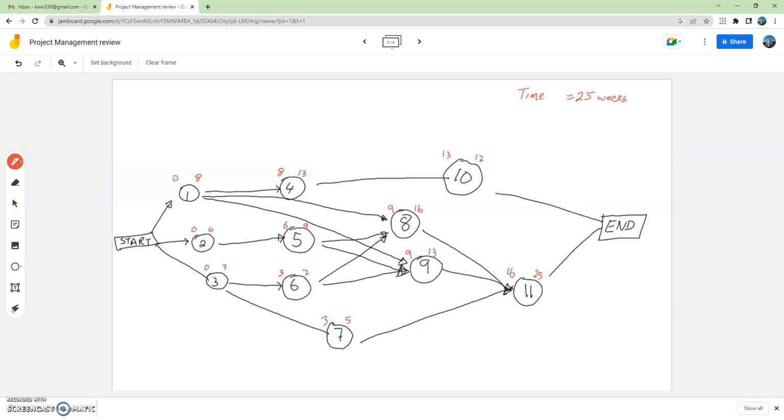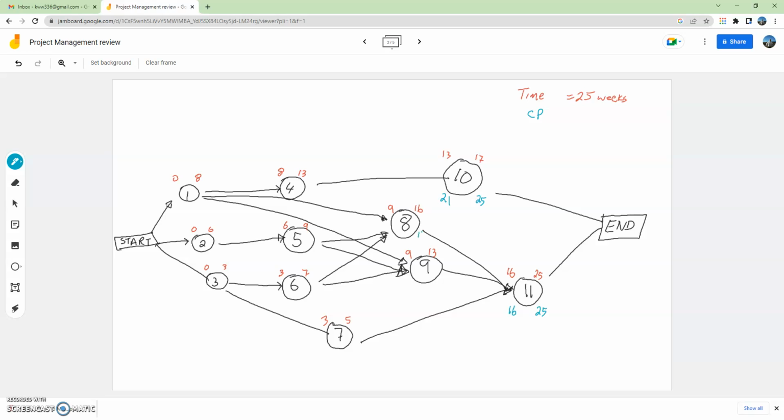Let's calculate the critical path. We're going to start at the project time for both last activities. Activity 10 has time period 4, so that's going to be 21. Activities 8, 9, and 7, the latest they can finish is in enough time for activity 11 to start by.